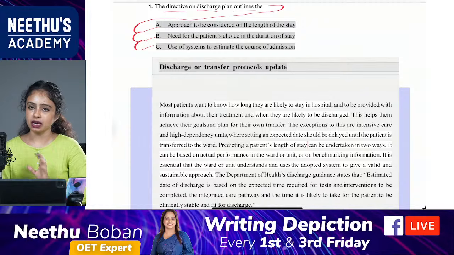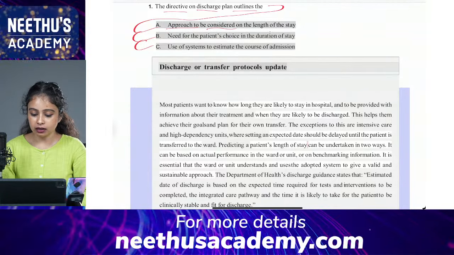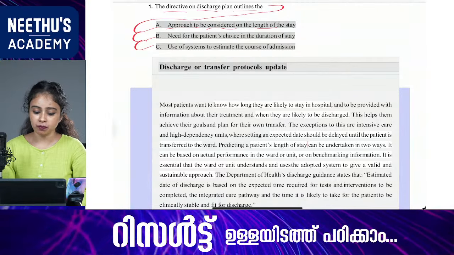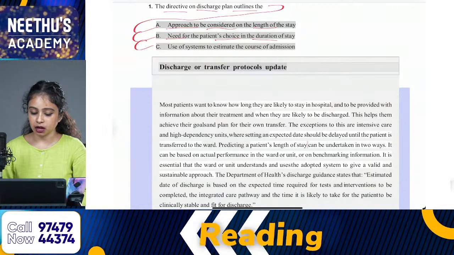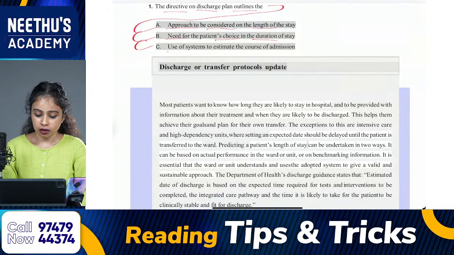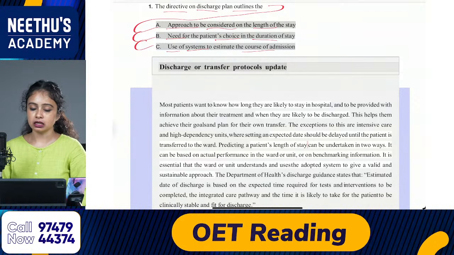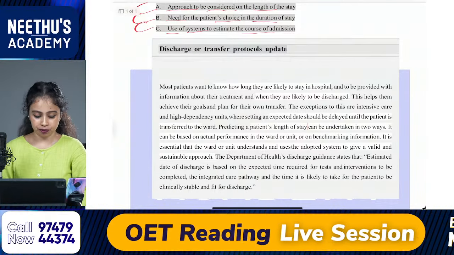So from option A, my keywords: approach, considered, then length. From option B: need, then choice, duration. And from option C: use, systems, then course. So these are my keywords from the options. Now I'm going to read the paragraph.